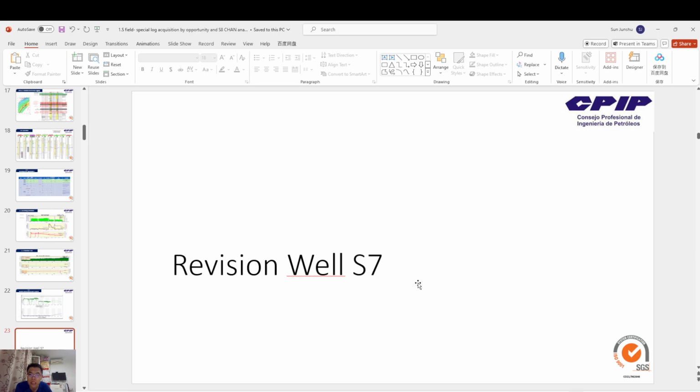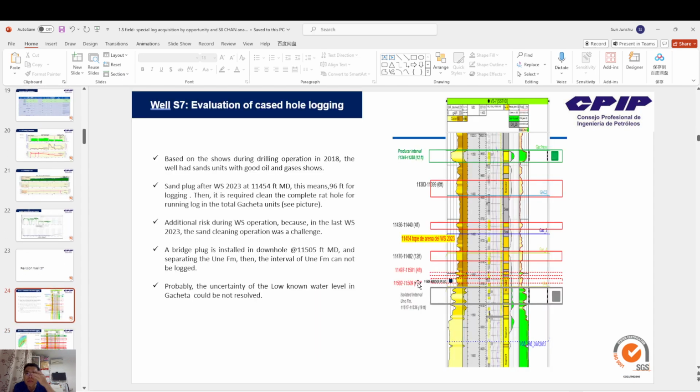Revision for well S7. Based on the oil shows during drilling operation in 2018, the well has sand units with good oil and gas shows.